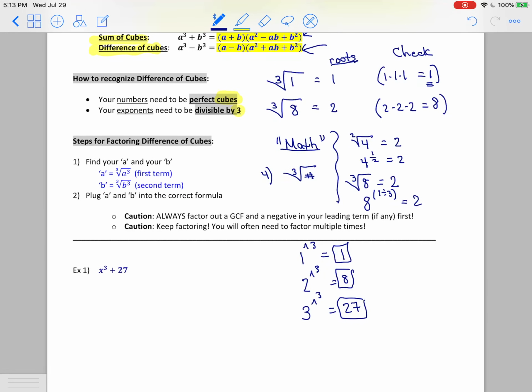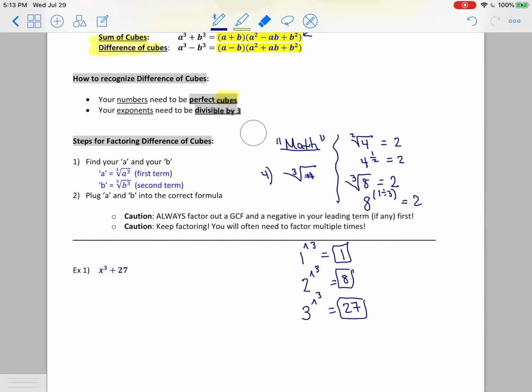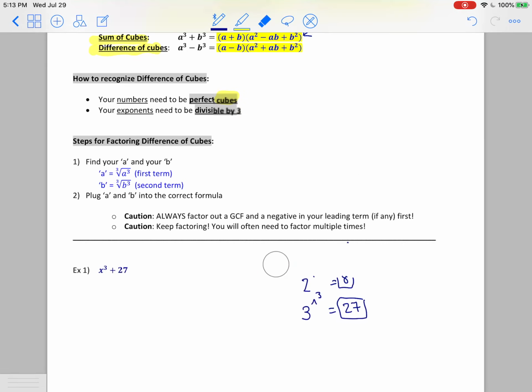All right. So how about the steps for factoring difference of cubes? Well, they're very similar to the steps for factoring square roots. We see in our original formulas up here, we've got A's and B's, right?